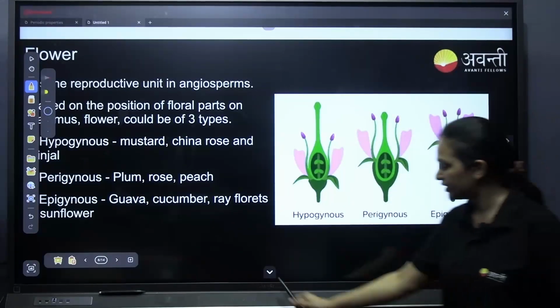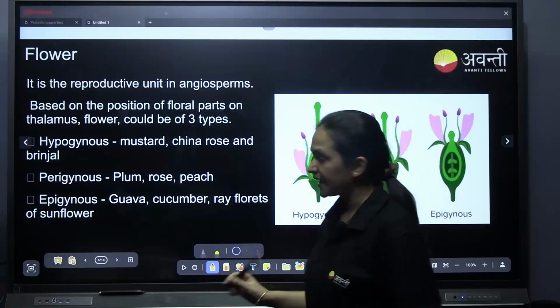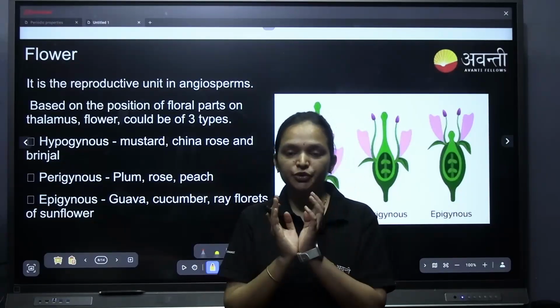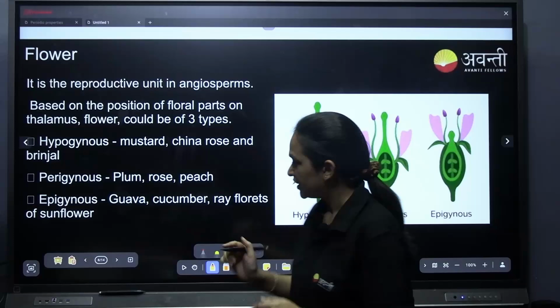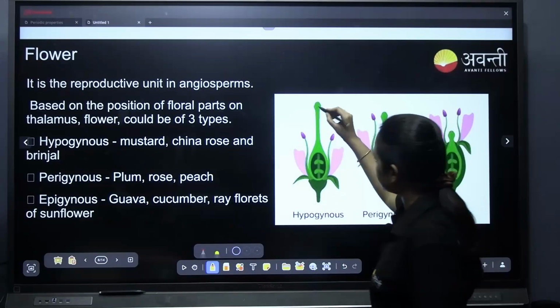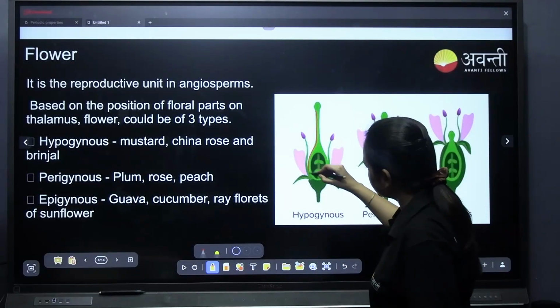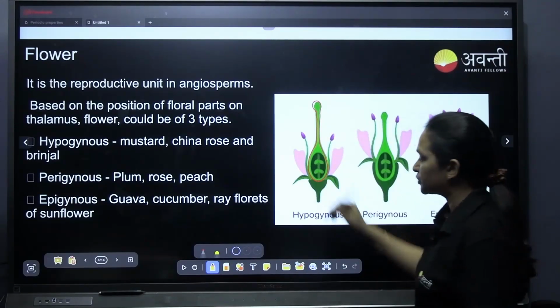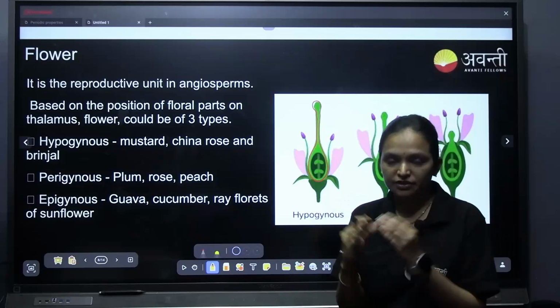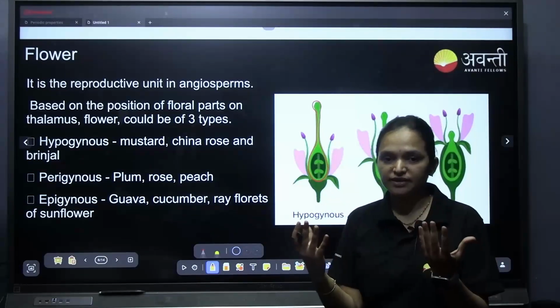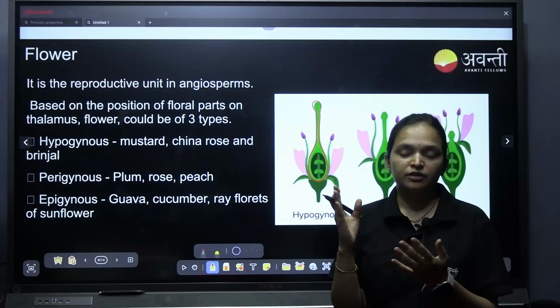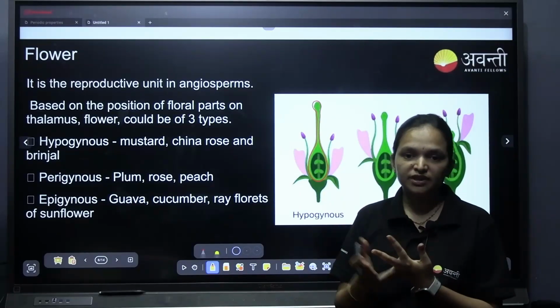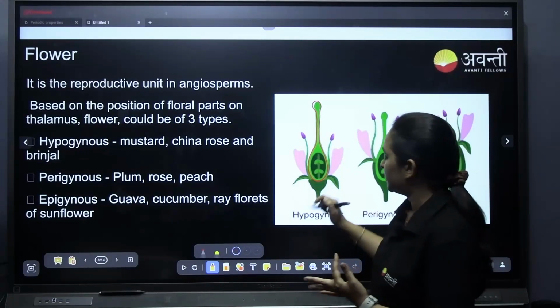Now coming to the flower, about where exactly the other floral parts are situated with respect to the gynoecium. The other floral parts are petals, sepals and stamens.